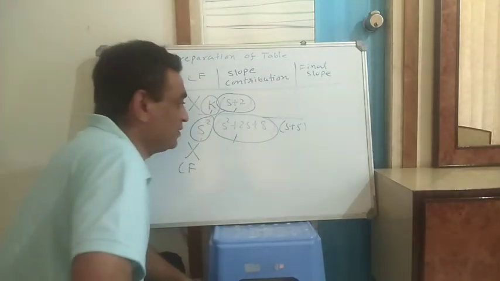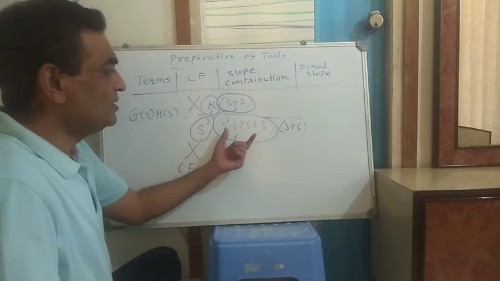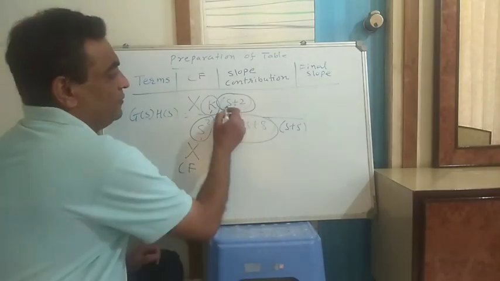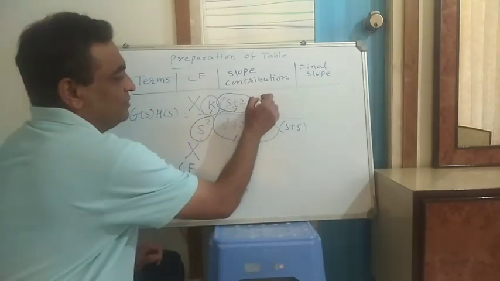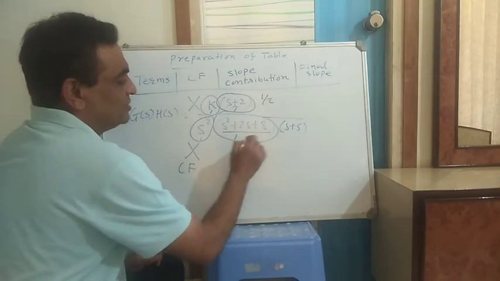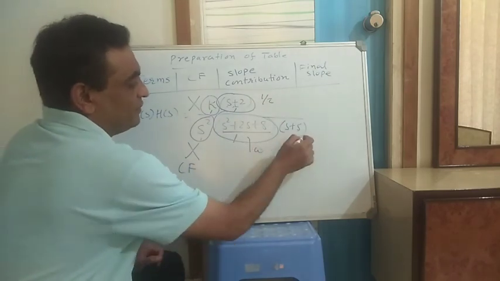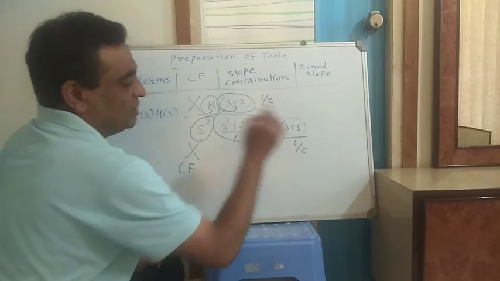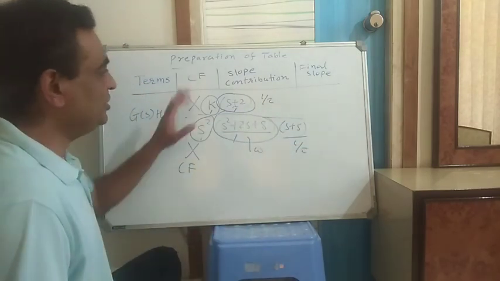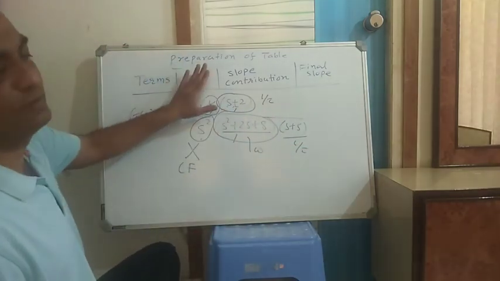The corner frequency from this term is 1 by tau. From this term it is omega. From this term it is also 1 by tau. So we need to find the corner frequency of each term.